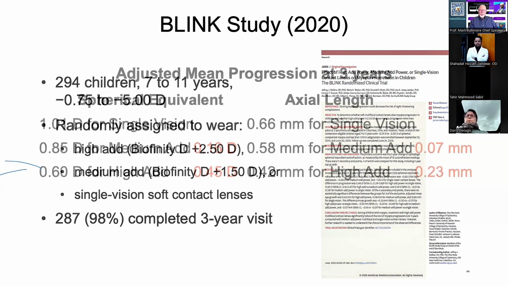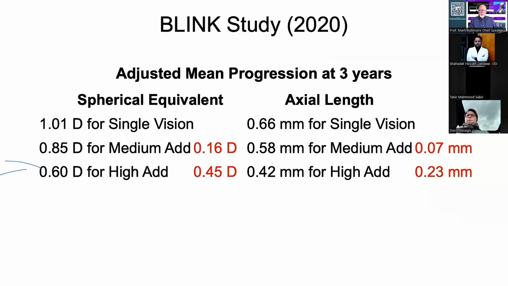What you can see is that both for axial length and for myopia progression, there is a slowing of growth or progression with the high add. So you've got almost a half a diopter slowing and about a 1/4 millimeter slowing over 3 years. The medium add was less effective and not significantly different.